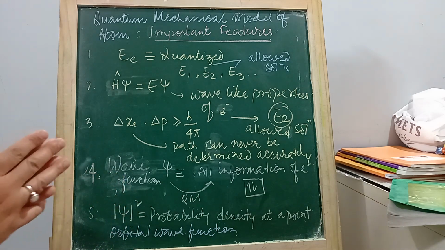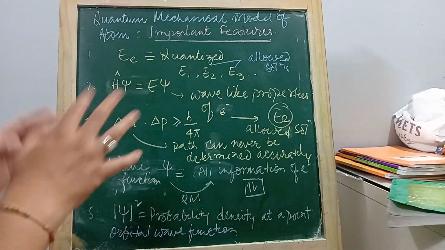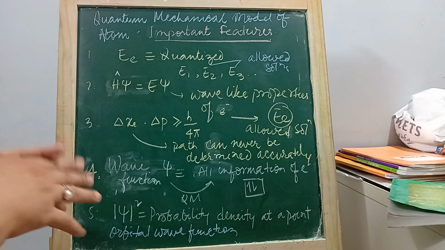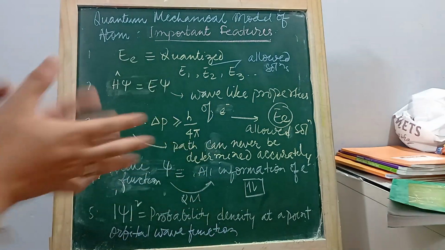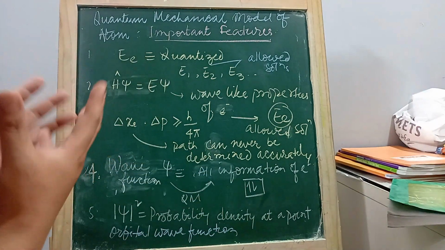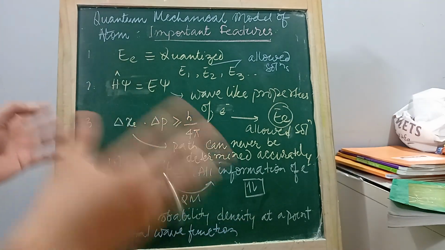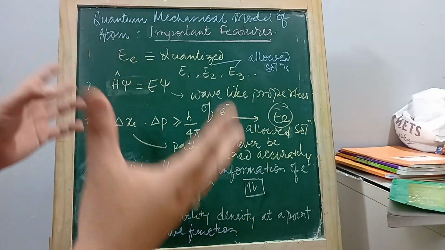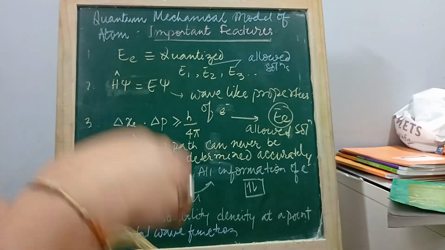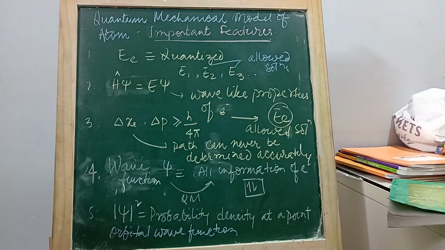The wave function is also known as an atomic orbital. It is related to the space around the nucleus. Orbital is not orbit. An orbital means a space around the nucleus where there is maximum probability of finding an electron.